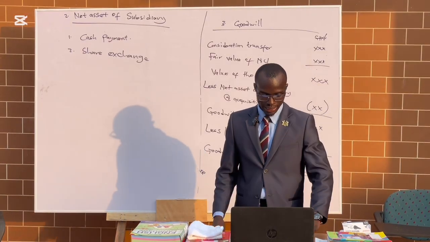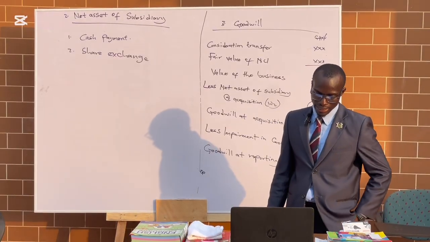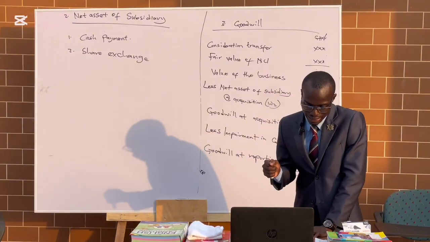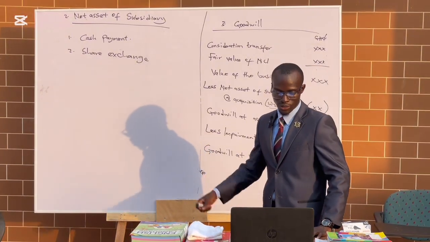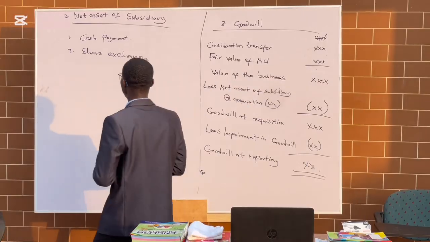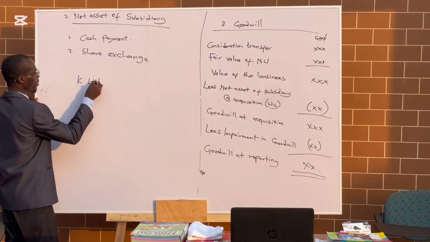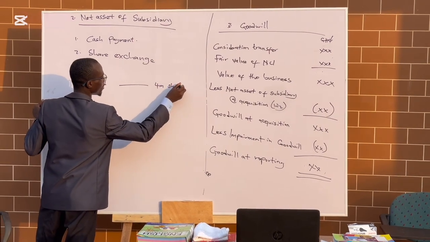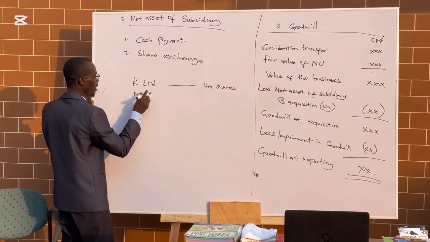The example I have here says that K Limited acquired 4 million shares of the 5 million shares in M Limited.